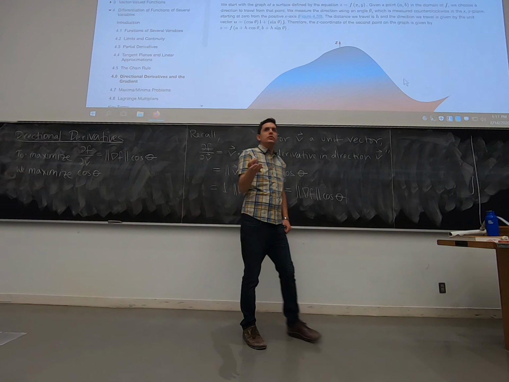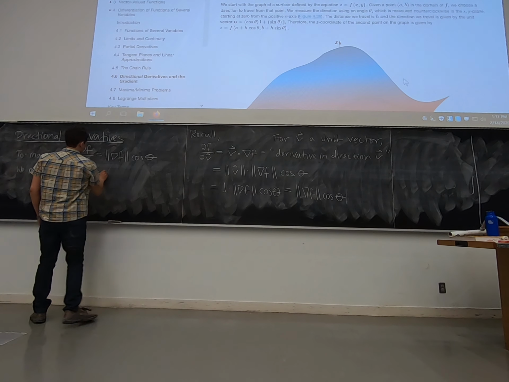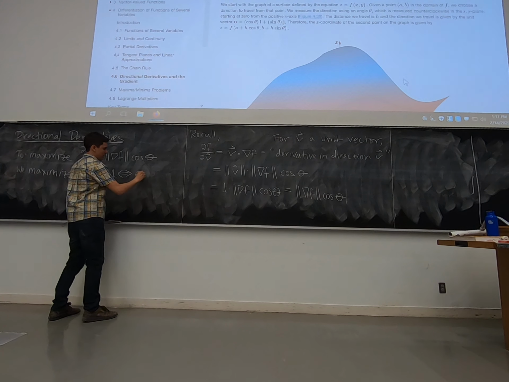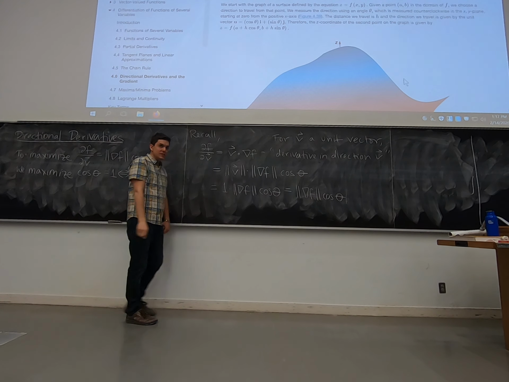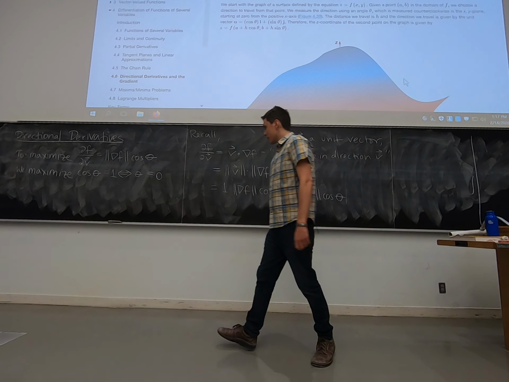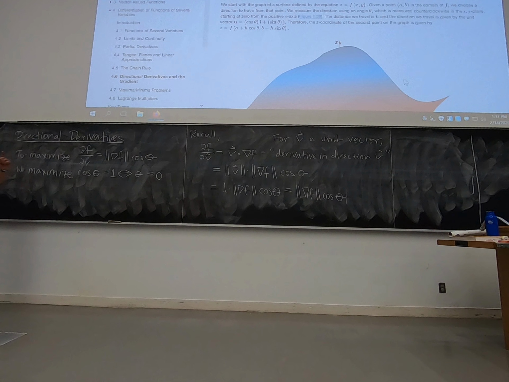The biggest cos theta can get is equal to 1, which is the same as theta being 0. Okay, so to maximize the directional derivative, we travel parallel to the gradient.